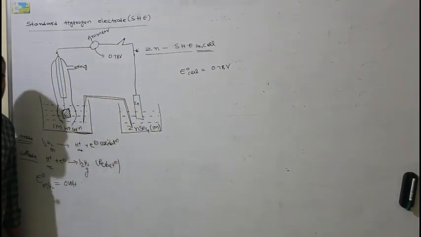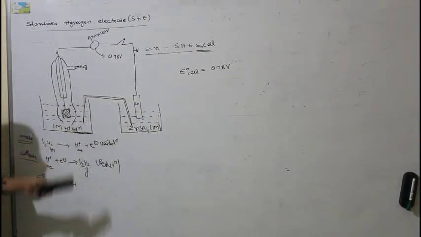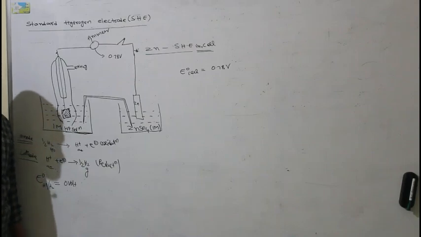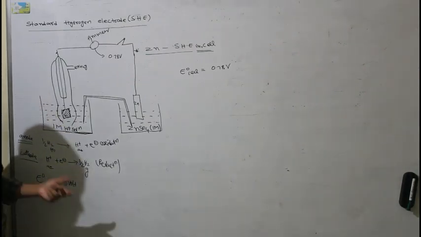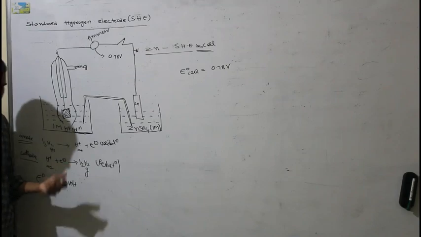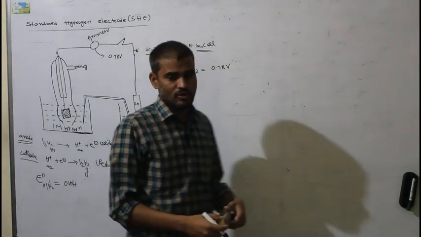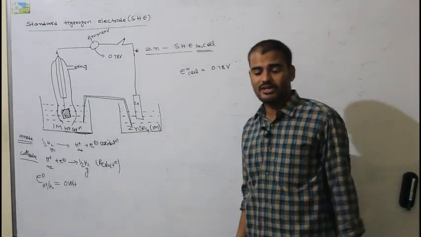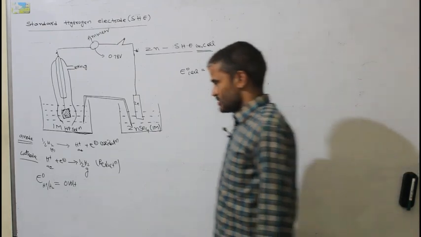But our task is not to find the cell potential. We have to find the electrode potential. To know the electrode potential values, you should know which electrode is undergoing oxidation and which is undergoing reduction.